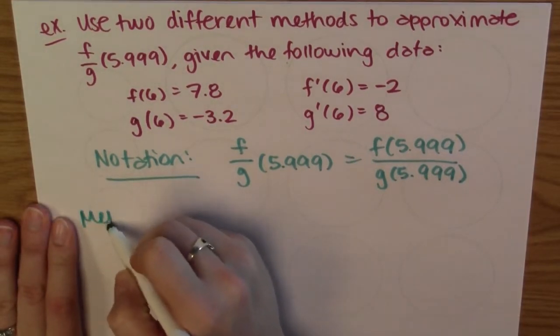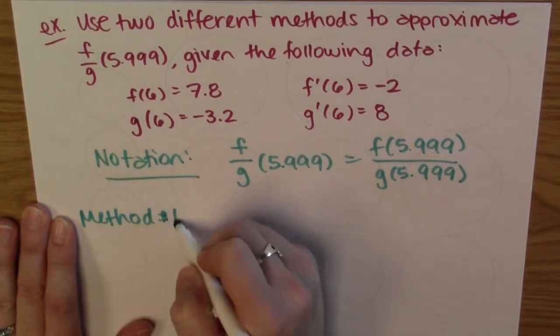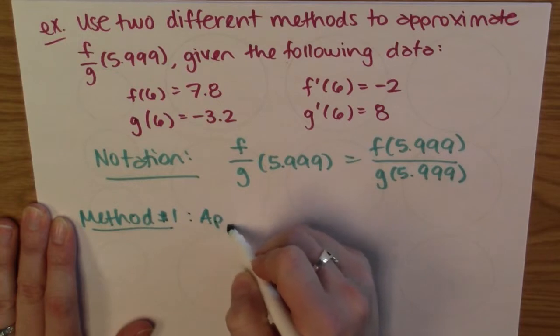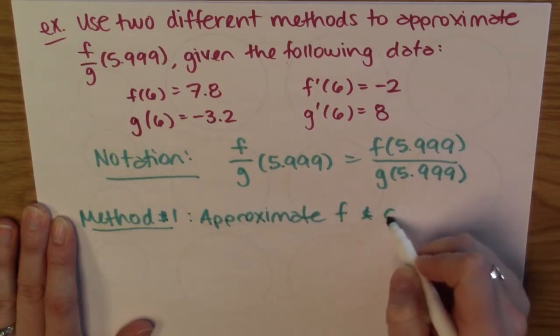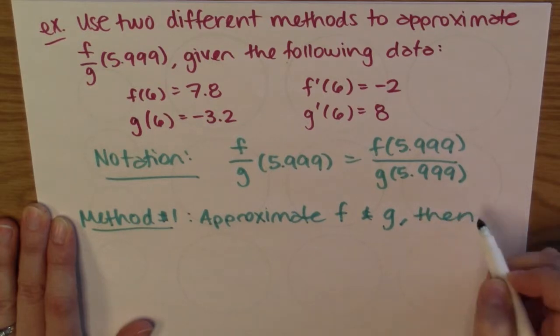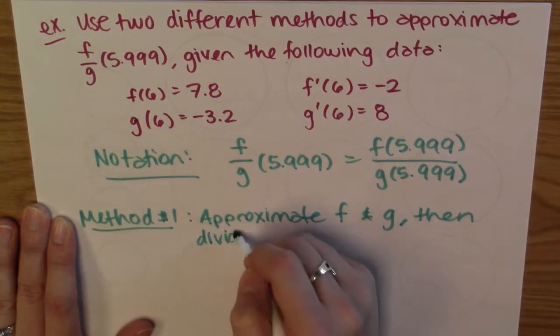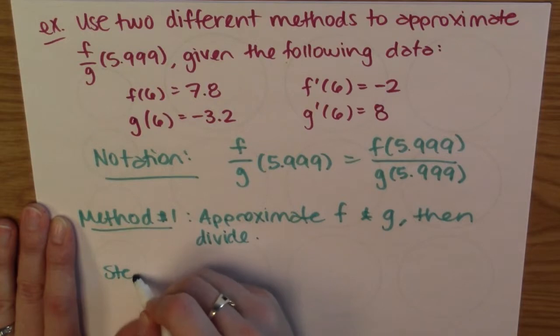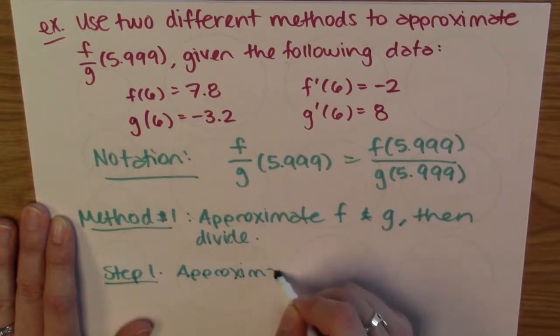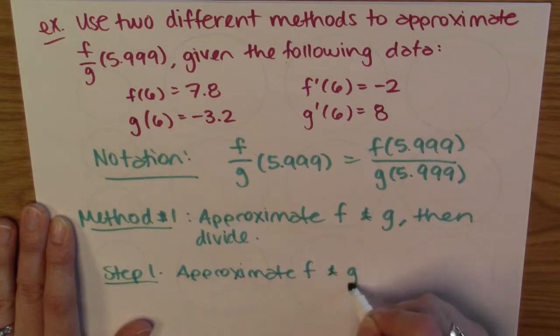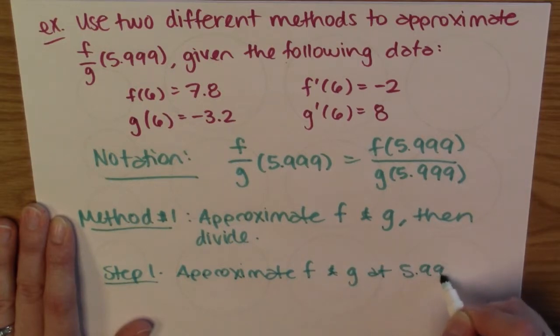So method number one is to approximate f and g, then divide. So step one is to approximate f and g at 5.999.